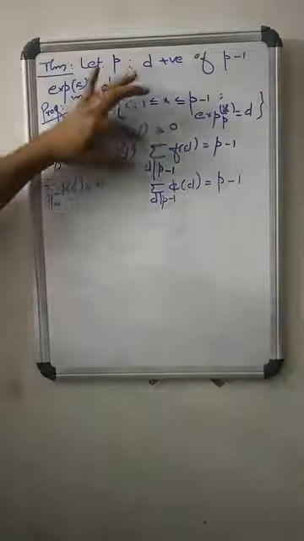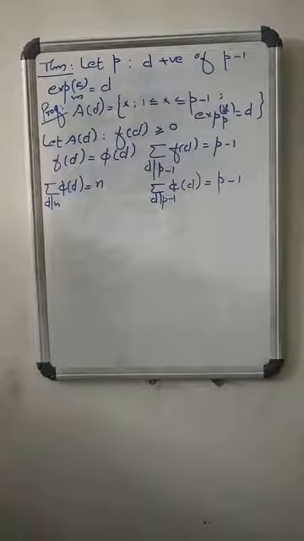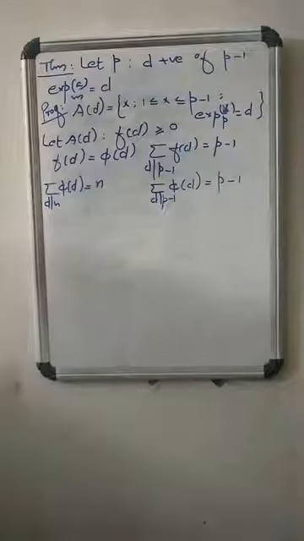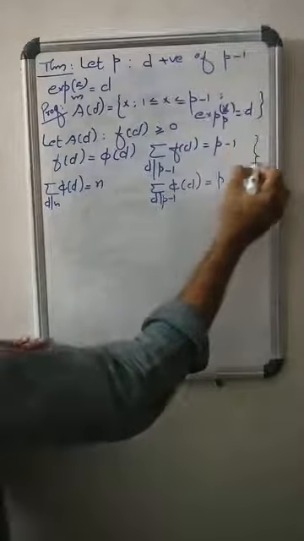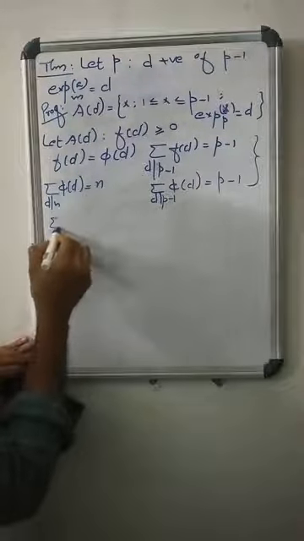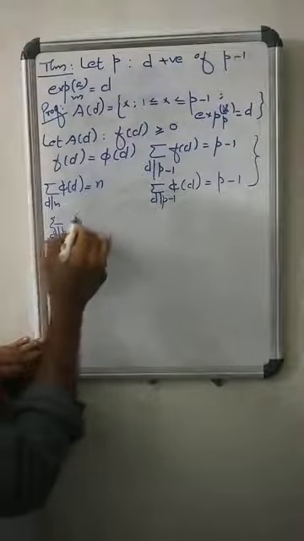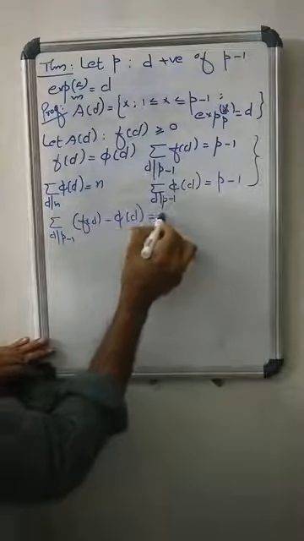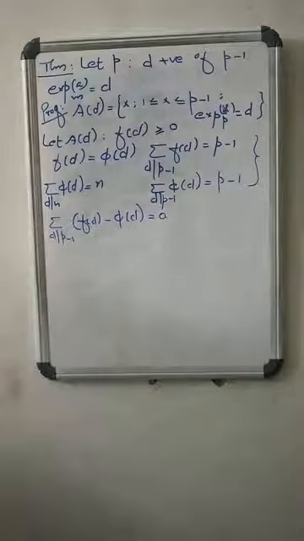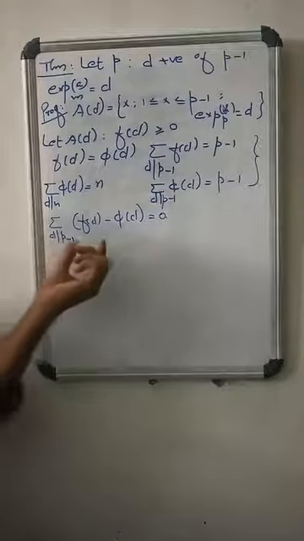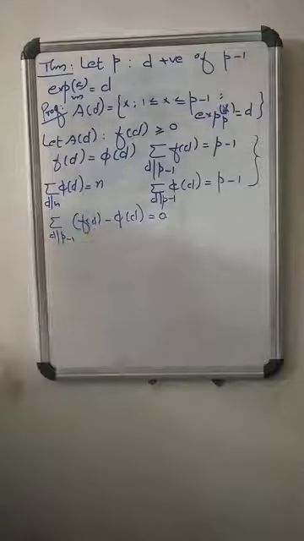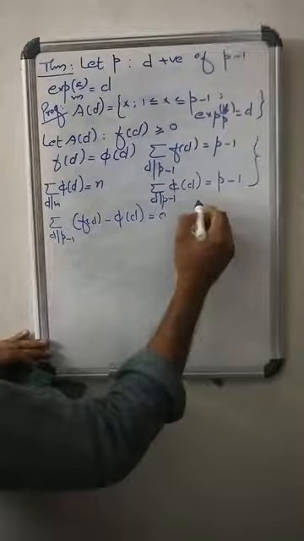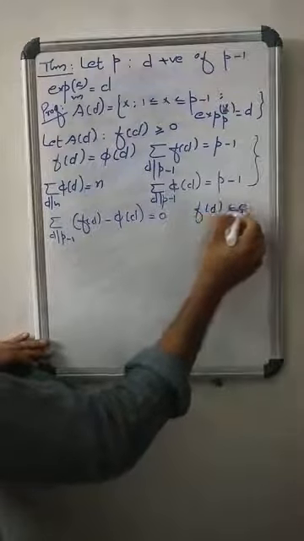So the sum of f of D over D dividing P minus 1 is P minus 1, as is the sum of phi of D. Combining these two, we have the sum over D dividing P minus 1 of f of D minus phi of D equals 0. To show each term in this sum is 0, it is enough to show that f of D is less than or equal to phi of D.